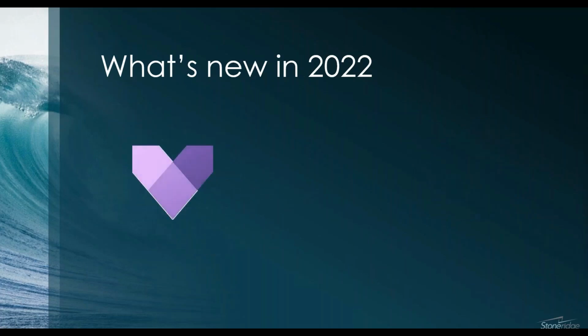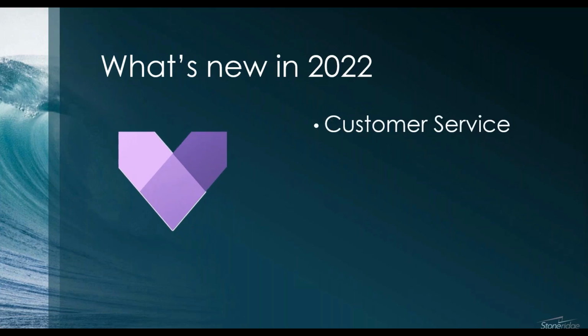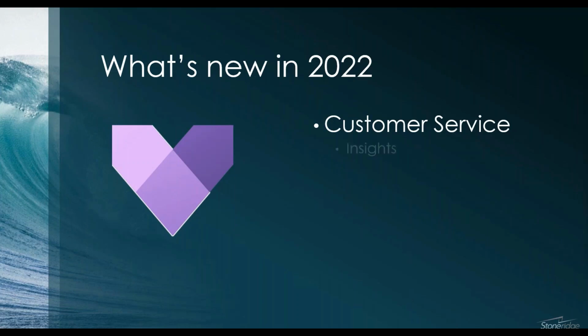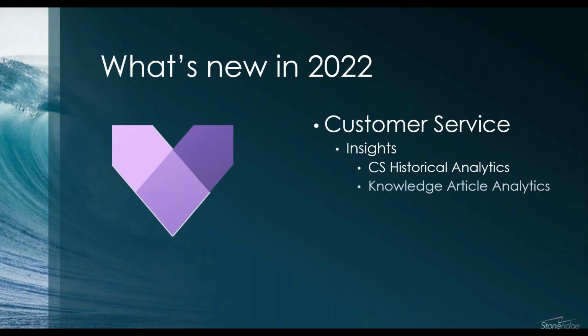All right, so up next, we're going to take a look at customer service. And again, I had mentioned before talking about those Power BI driven reports. In customer service, you're going to get a lot of the same stuff. So the insights reporting here is going to provide some case management specific historical analytics, as well as a report on knowledge article analytics.